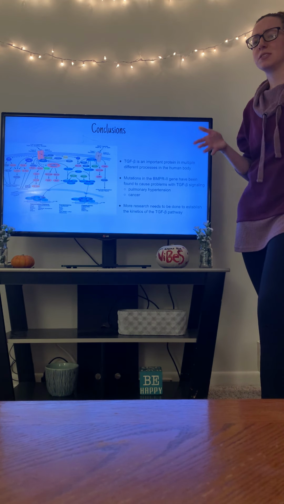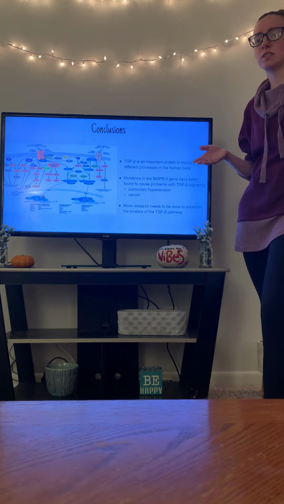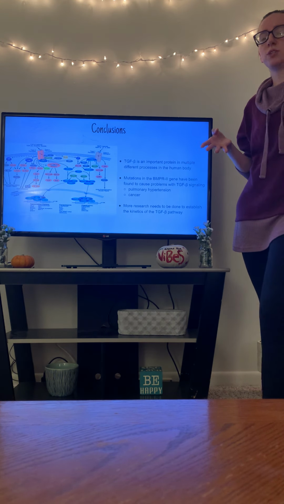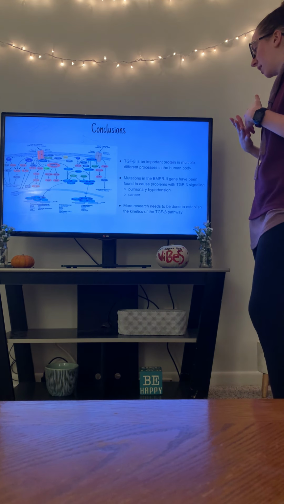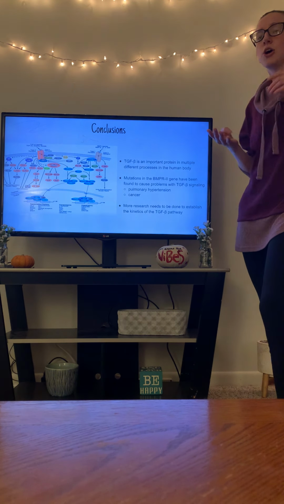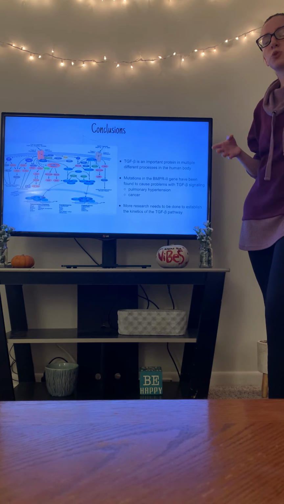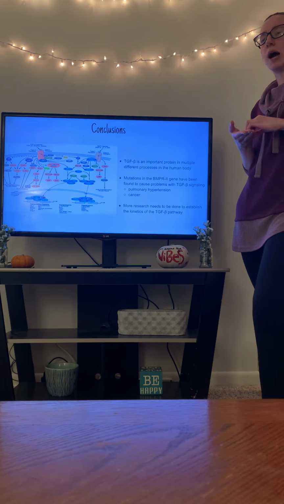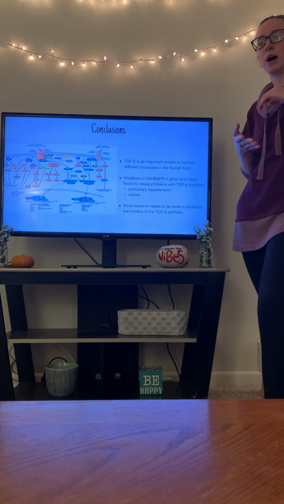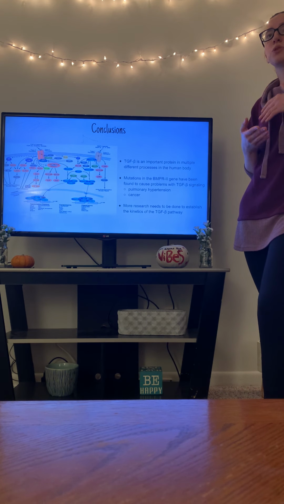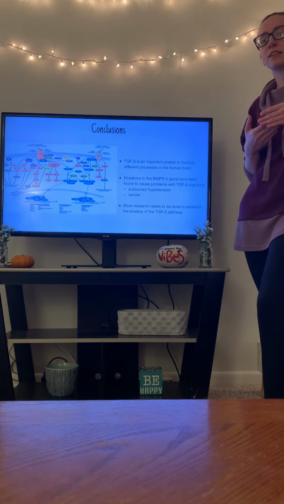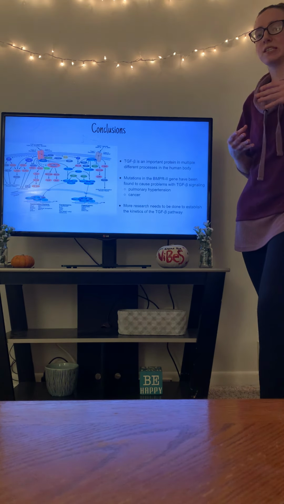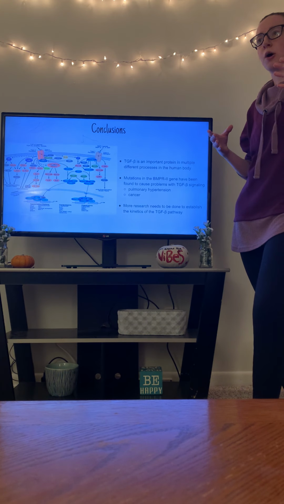There could be other diseases. I didn't find any other diseases when I was doing my research, but that could be a further area of research. Also, like I said, there is not a whole lot of research behind the kinetics of TGF-beta, and I'd be super interested to see if people have done more studies, or if people would do more studies to establish the kinetics of TGF-beta.